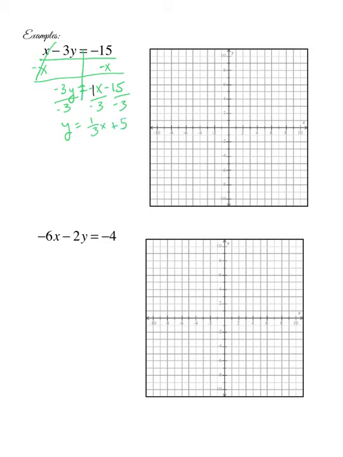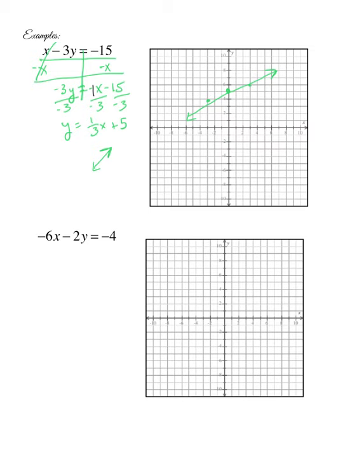Negative divided by negative is a positive. Let's graph it. Y-intercept, and my line's going to go like that because it's a positive slope. Up 1, over 3, down 1, over 3. Connect your dots better than I did.